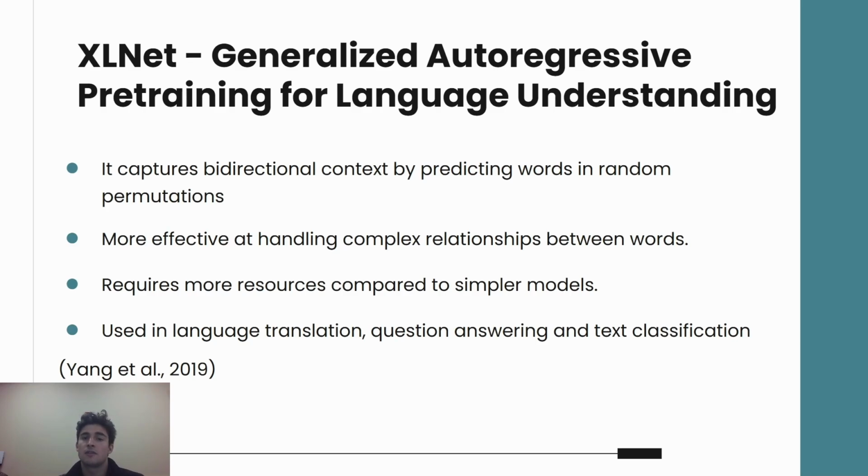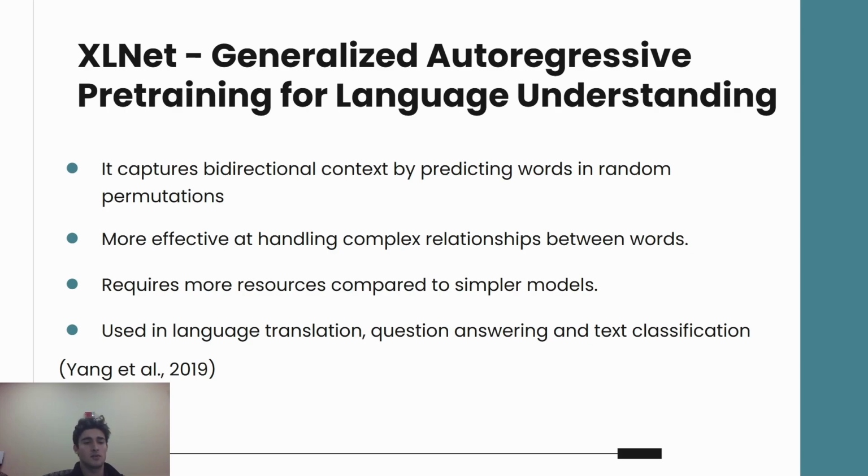XLNet is a generalized autoregressive pre-training for language understanding. As I said in other presentations, it captures bidirectional context. It doesn't use masking, it uses random permutations, and maintains the relationship between the words. It's effective at handling the relationships between the words because it doesn't just mask and forget the word, it maintains the context in the sentence, but also requires more resources.